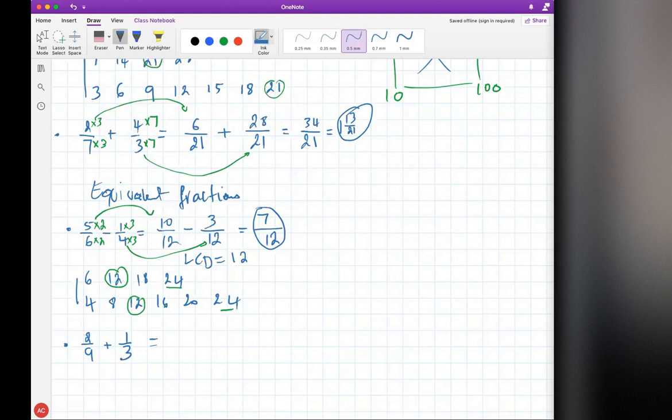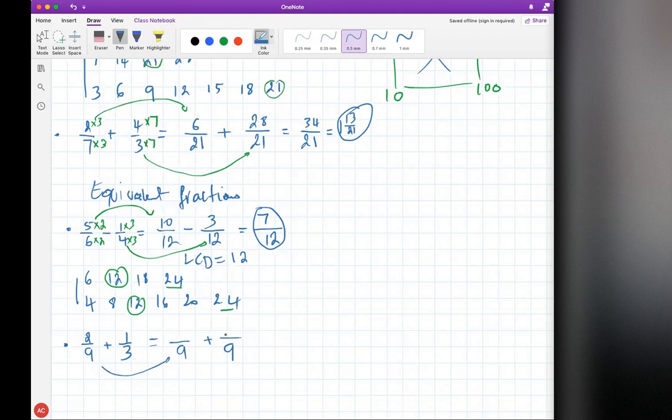But when one goes into the other evenly, for example, 3 goes into 9 exactly 3 times, then the larger one is the LCD. So instead of using 18 or 27 or 54, we can use 9 and do the math faster. Good news is you don't have to change this one. It already has 9, so it stays the same.